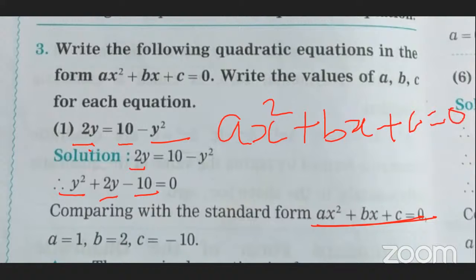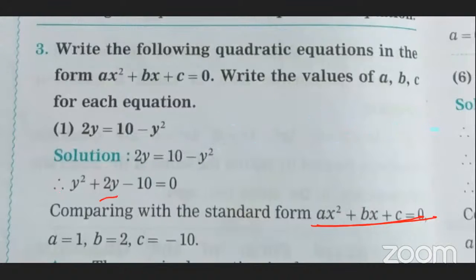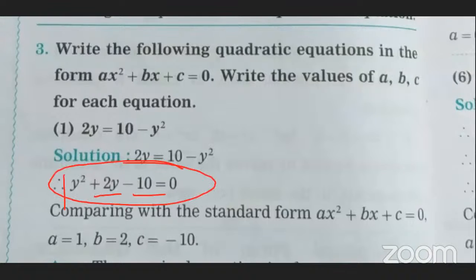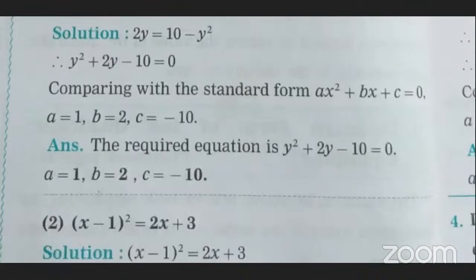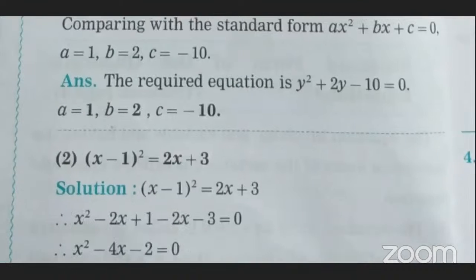Okay. This is the standard form of the quadratic equation. So my dear, from this we can find a, b, c. a equals to 1, b equals to 2, c equals to minus 10. This is your answer. So the required quadratic equation is y square plus 2y minus 10.